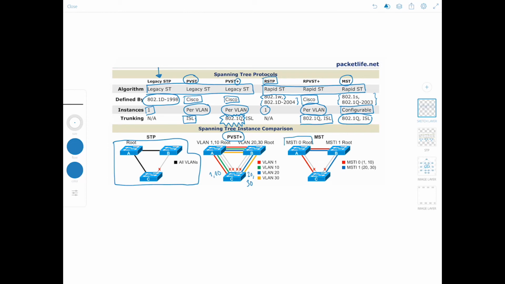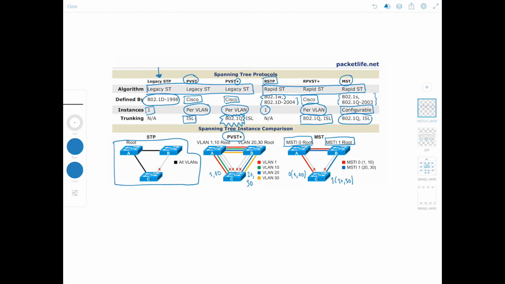So you can see it here. From switch C's perspective, instance 0, which contains VLANs 1 and 10, is forwarded using the red link, and instance 1, which contains VLANs 20 and 30, is forwarded using the blue link.